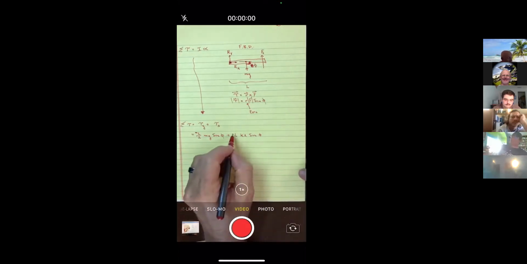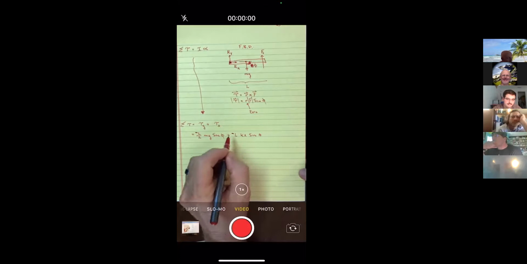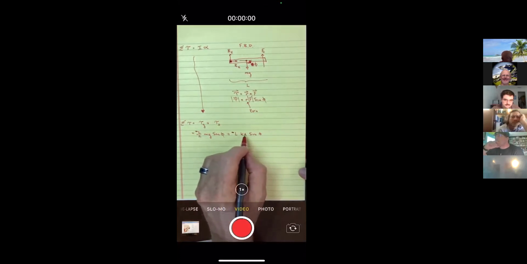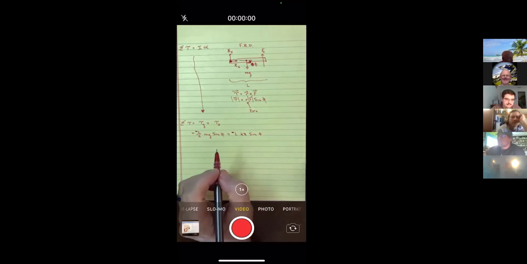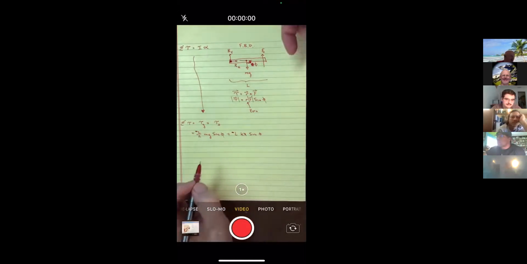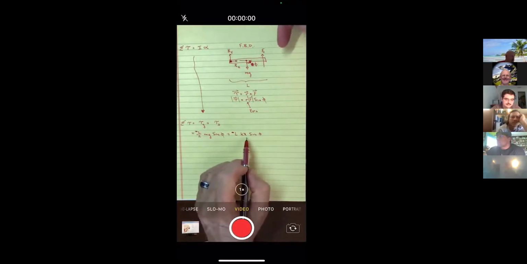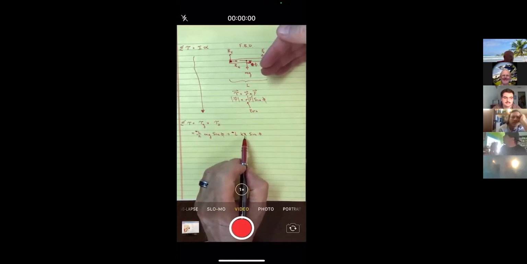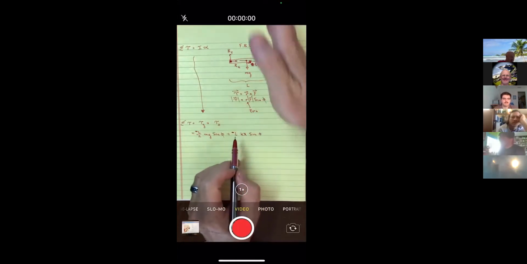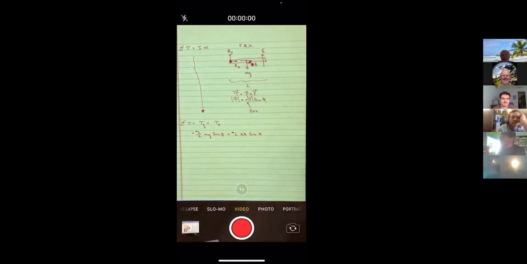Maybe I should put a negative here, and then call down on the spring negative so that as I compress the spring, that negative with that negative, of course, makes it a positive torque. Yeah, I think I'll do it that way.